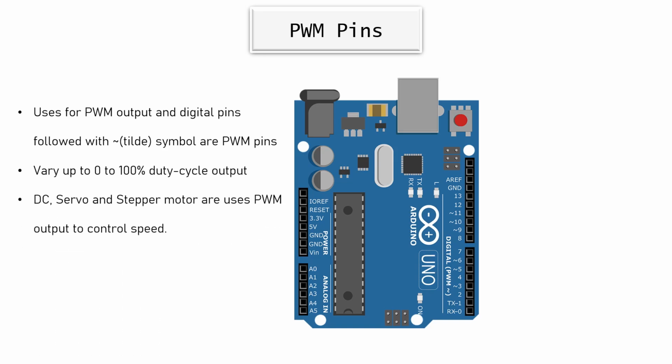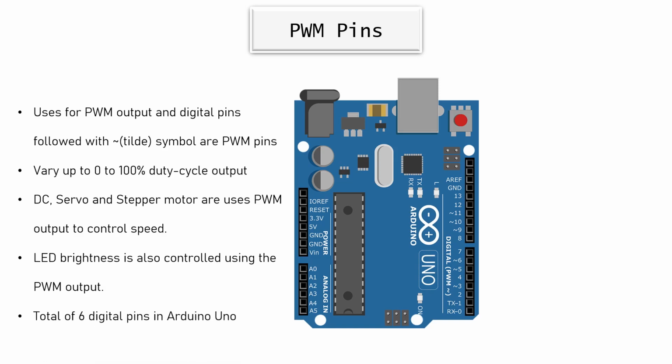DC, servo and stepper motors use PWM output to control the speed of the motor. LED brightness is also controlled using the PWM output. Total of 6 digital pins in Arduino UNO.